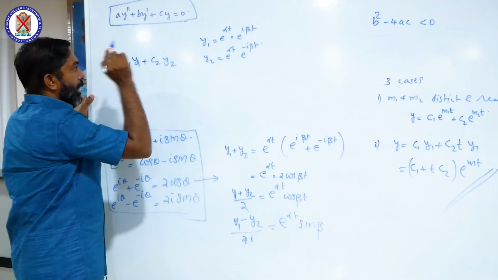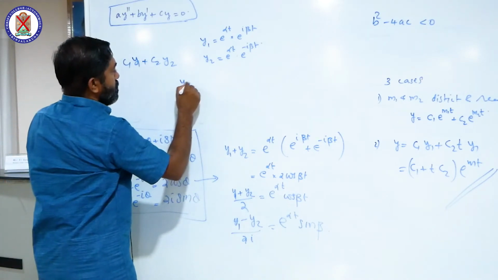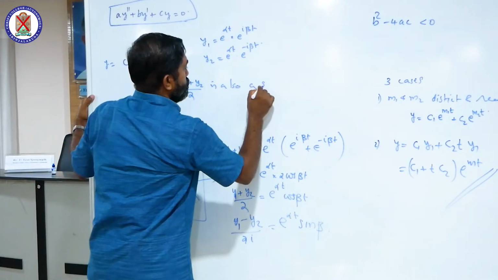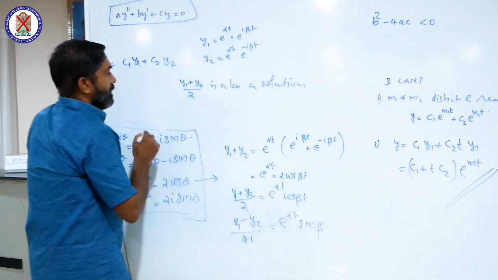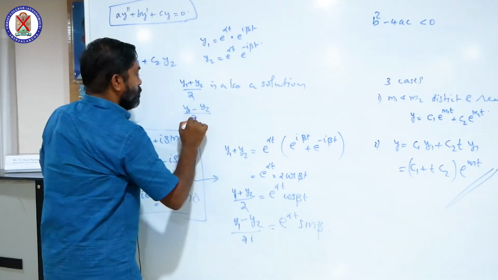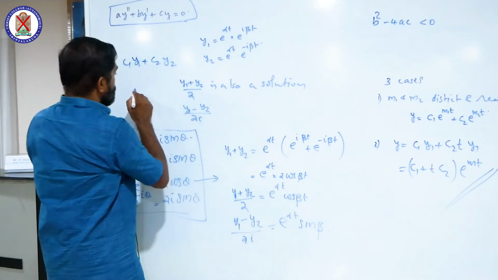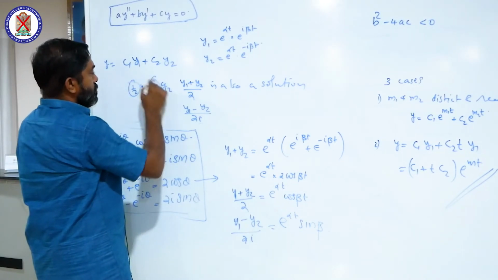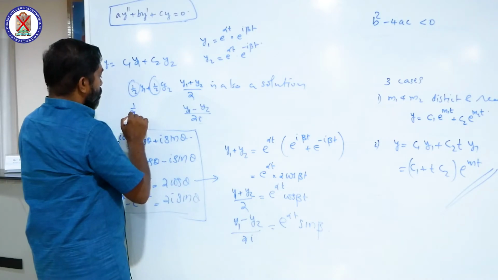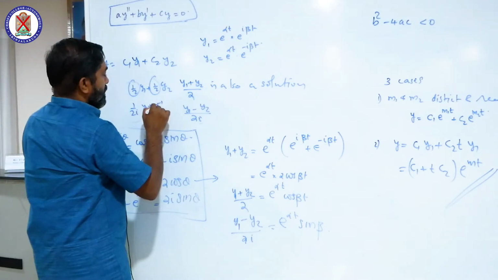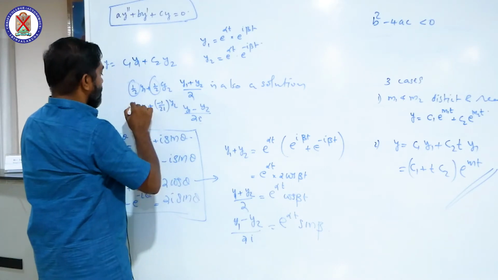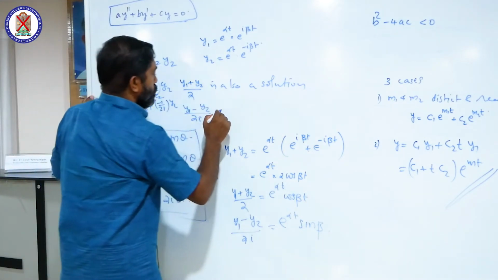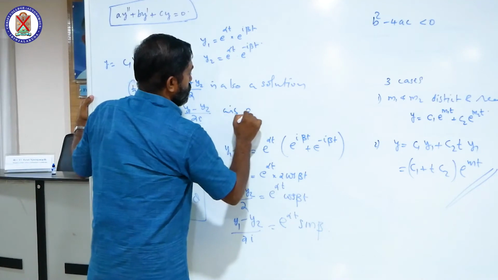So y1 plus y2 by 2 is also a solution by the principle of superposition. Again, y1 minus y2 by 2i is also a solution. What we consider is 1 by 2 y1 plus 1 by 2 y2, where c1 equals 1 by 2 and c2 equals 1 by 2. So these are also solutions.